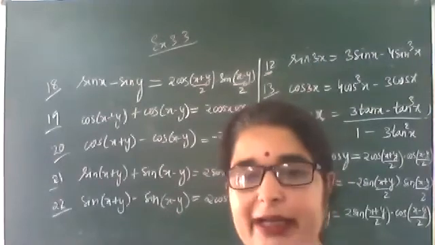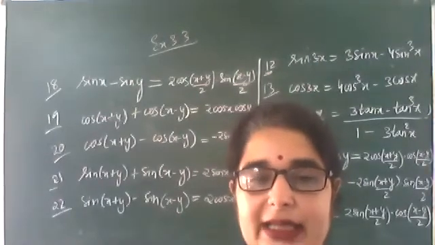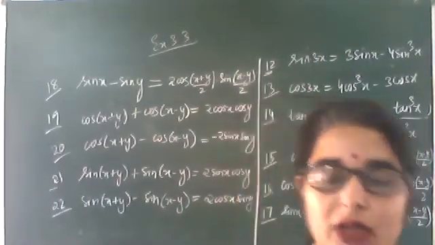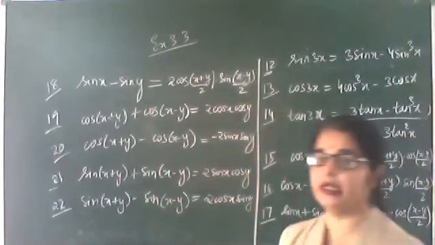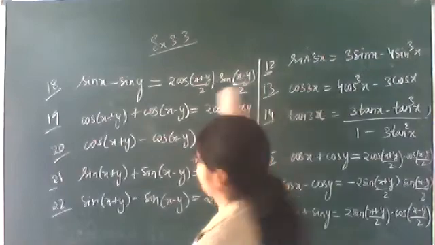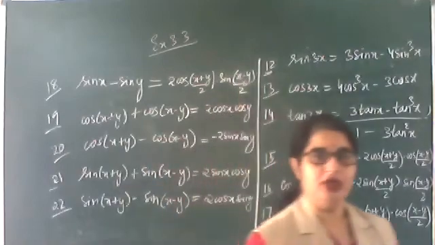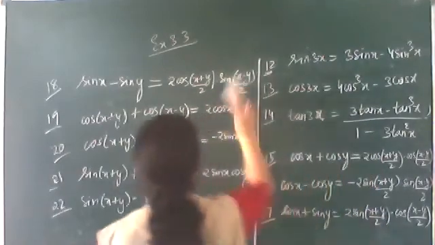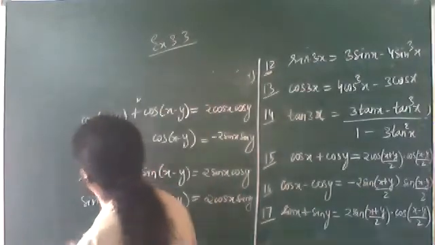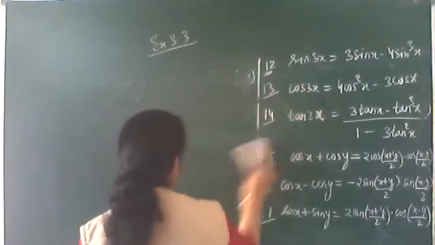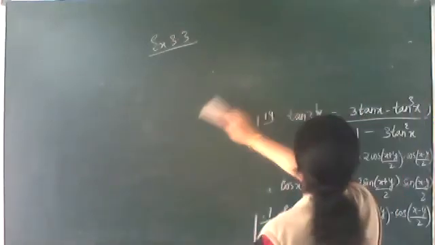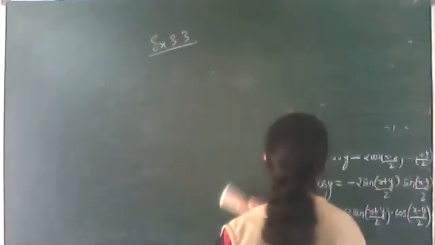But before that, I want to ask you something. In the last exercise, when I explained how to get the values of sin 90 plus theta, cos 90 plus theta, tan 90 plus theta, I just want to check whether you have understood it or not. So please give me the answer. You can unmute yourself and answer the questions which I am asking.